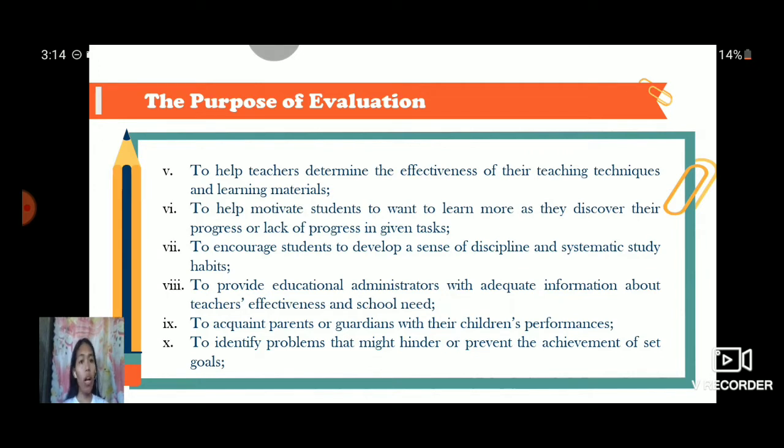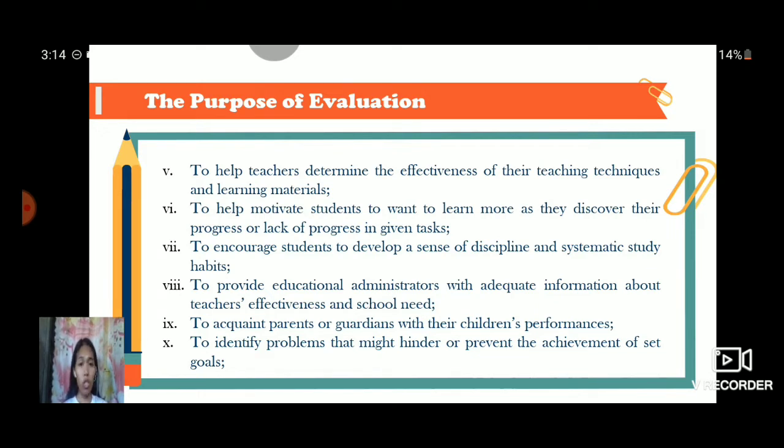Next is to help motivate students to want to learn more as they discover their progress or lack of progress in given tasks. So the evaluation could help students determine their lack in progress and also their improvement. Next is to encourage students to develop a sense of discipline and systematic study habits.